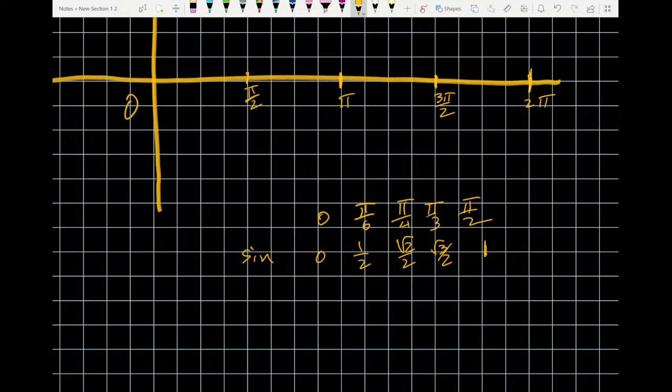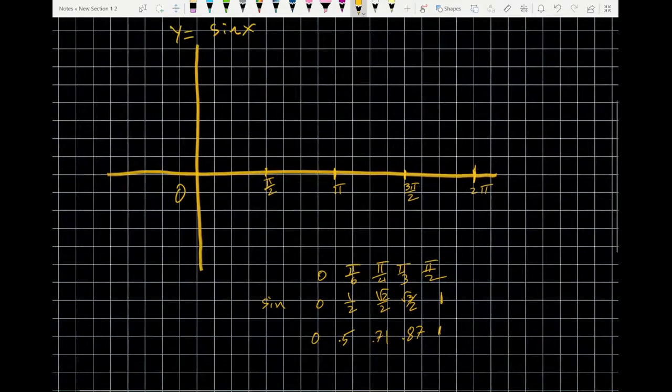What I'm going to do is put them in decimal points. So this is 0, this is 0.5, square root of 2 over 2 would be 0.71, square root of 3 over 2 would be 0.87, and then we get 1. So let me plug this into that.